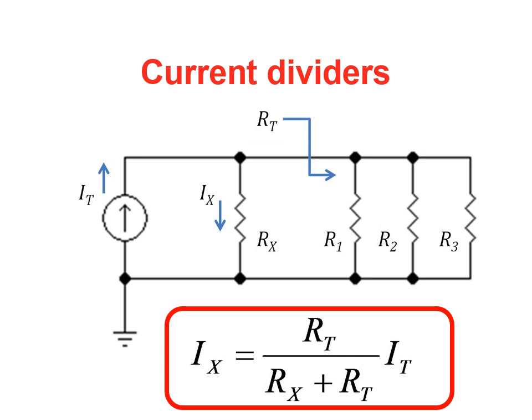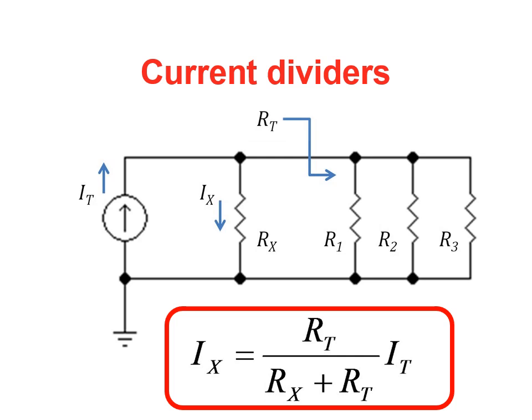So if you want to use this same equation for 4 resistors, we take Ix. That's the current we are looking for on resistor Rx. So the equation will be RT, where RT represents all the other 3 resistors. What is the effective resistance of the 3 resistors? You will calculate normally 1 over R1 plus 1 over R2 plus 1 over R3, and then you get the inverse of that.